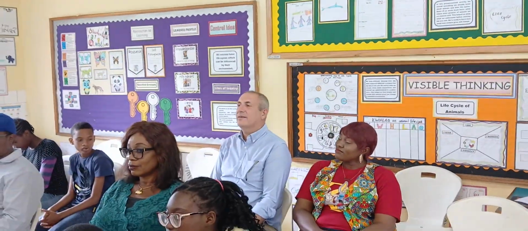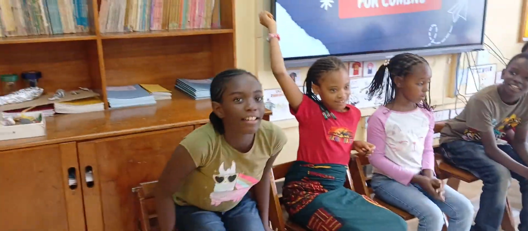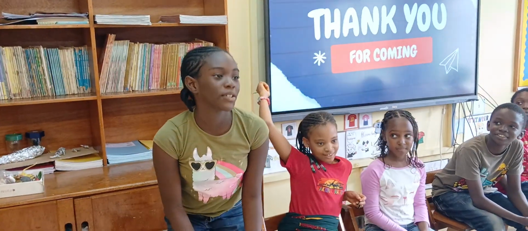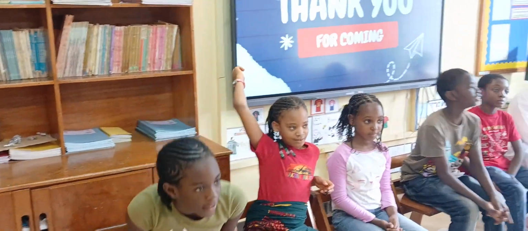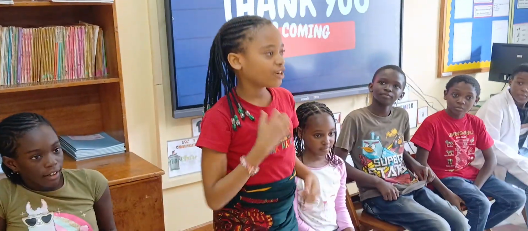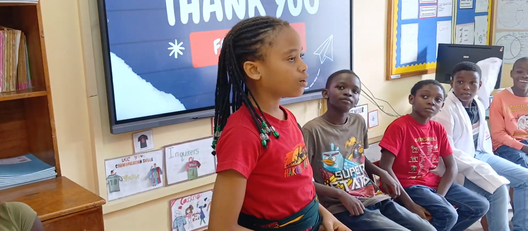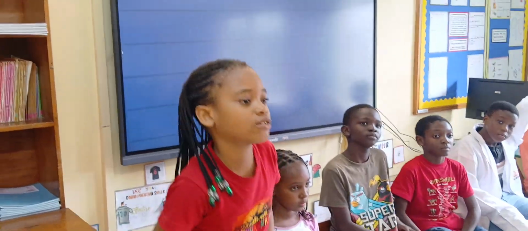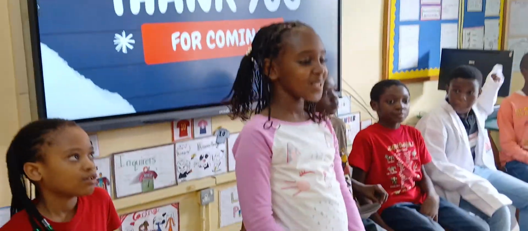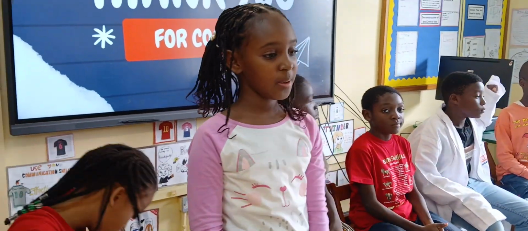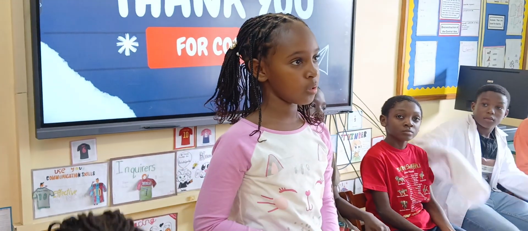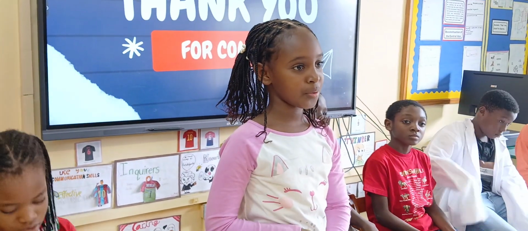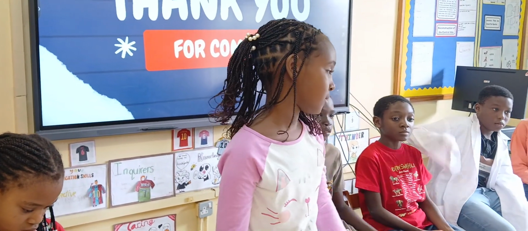Favourite thing to learn about in this unit? My favorite thing to learn about in this unit was the vertebrates and invertebrates. My favorite part was when we learned about complete metamorphosis and incomplete metamorphosis. The part I enjoyed most was when we got to learn about the 5 classes of animals.